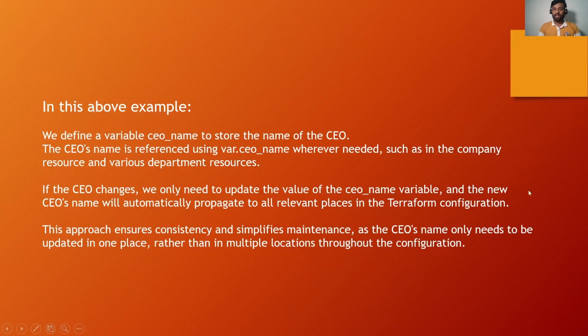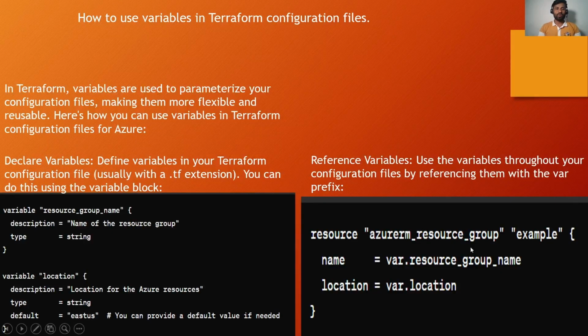Then the new CEO's name will automatically propagate to all relevant places in the Terraform configuration. This approach ensures consistency and simplifies maintenance, as the CEO's name only needs to be updated in one place rather than in multiple locations throughout the configuration. I had already told you all about this.